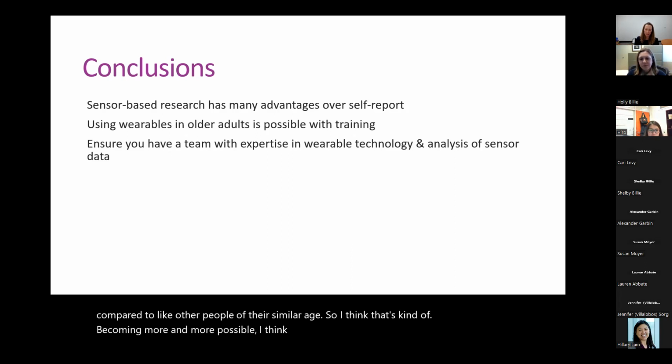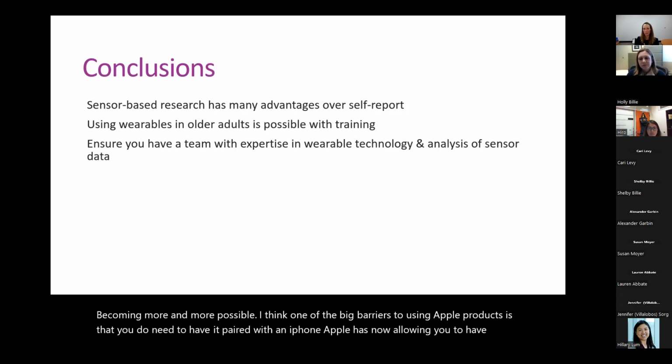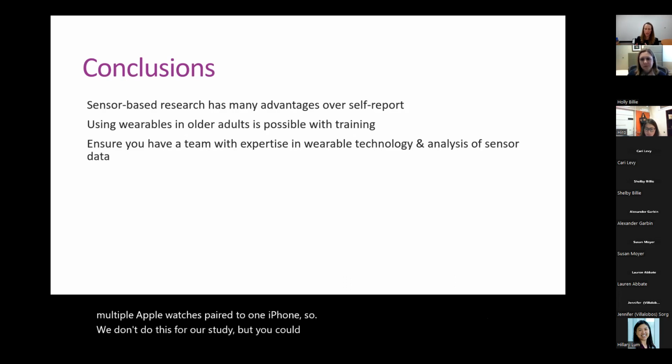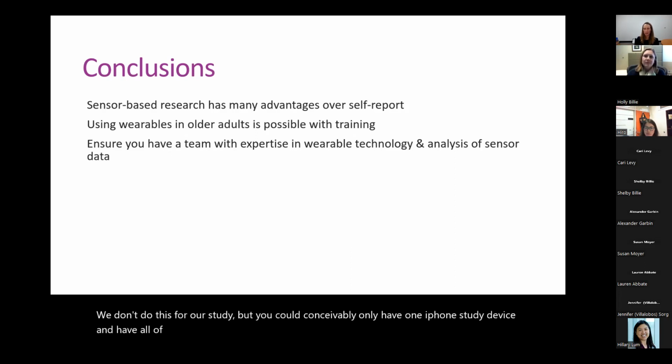I think one of the big barriers to using Apple products is that you do need to have it paired with an iPhone. Apple is now allowing you to have multiple Apple Watches paired to one iPhone. So we don't do this for our study, but you could conceivably have only one iPhone study device and have all of your participants paired onto that iPhone, which would reduce the cost for your study.